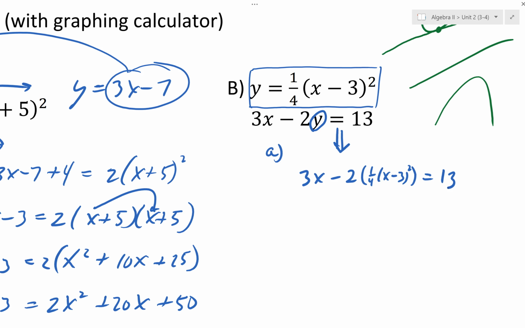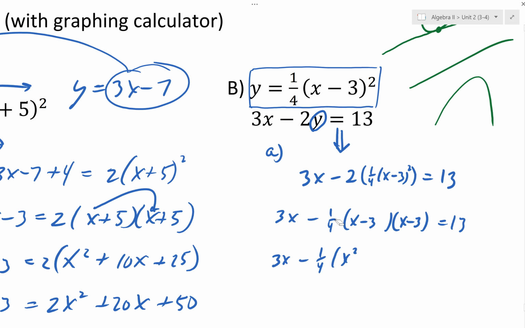And so now we want to expand and simplify. So we have 3x minus 2 times 1/4 is 1/2. So that's going to become 1/2. And then when we multiply x minus 3 times itself, we're going to get x squared.